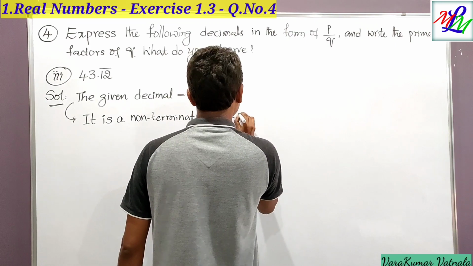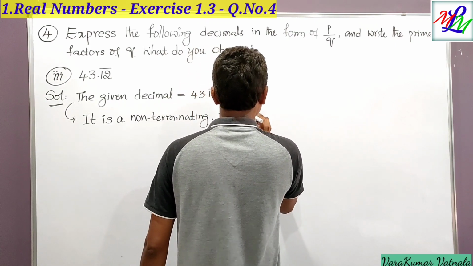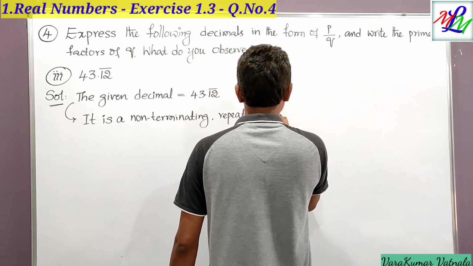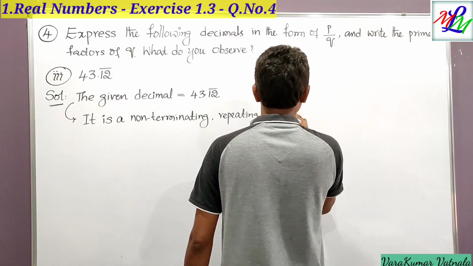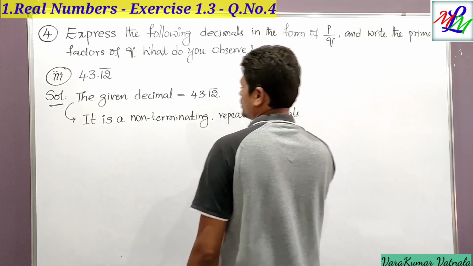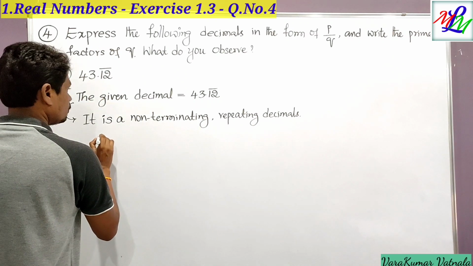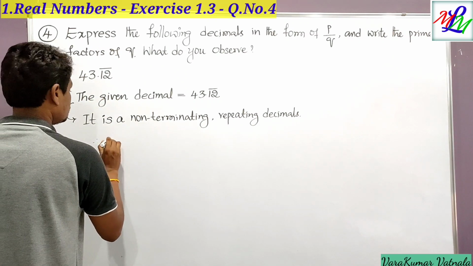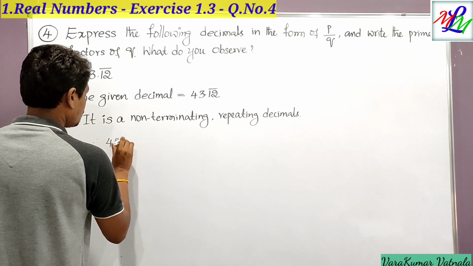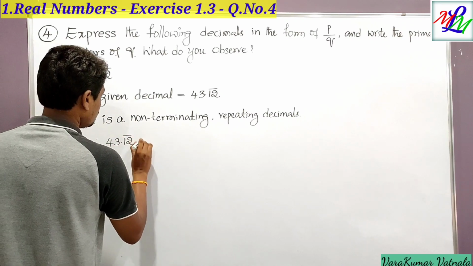Non-terminating repeating decimals are also rational numbers, so these can be converted into p by q form. Therefore 43.12 bar is equal to.